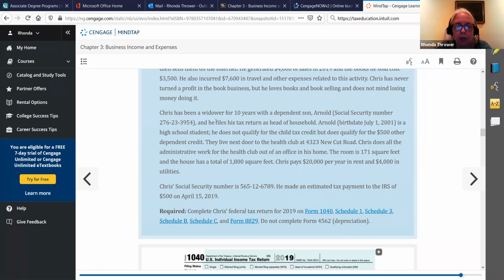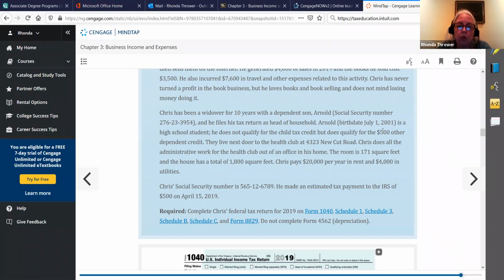And so that makes him file as head of household. You may be familiar with married filing jointly. I guess this person could have, if he chose to, filed single, but he'd pay more taxes that way. So since he's got a dependent, he's claiming that he's going to be head of household.